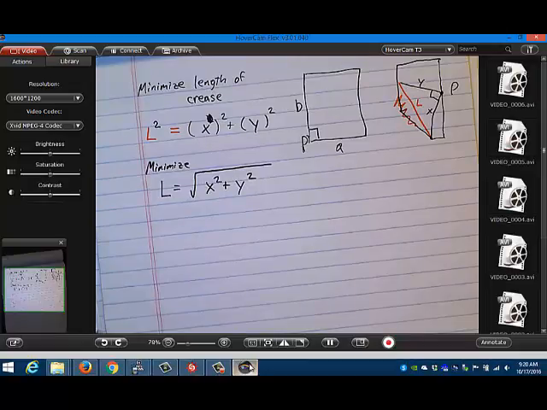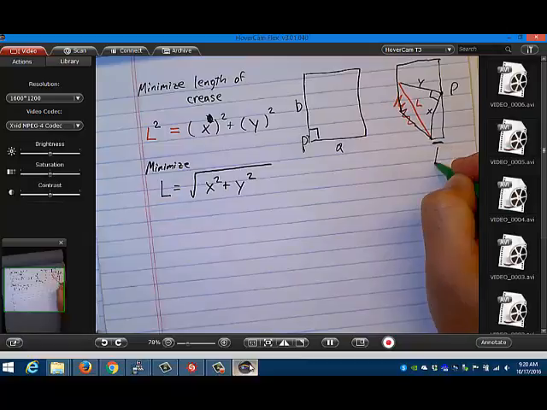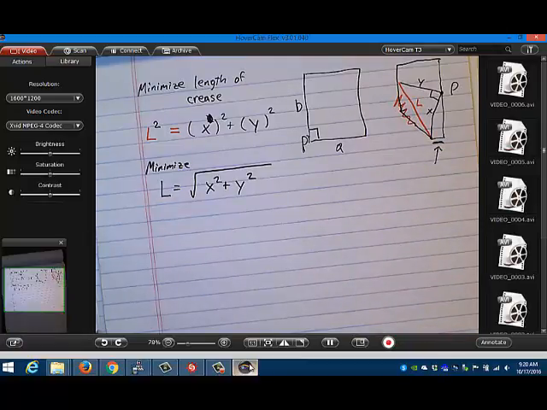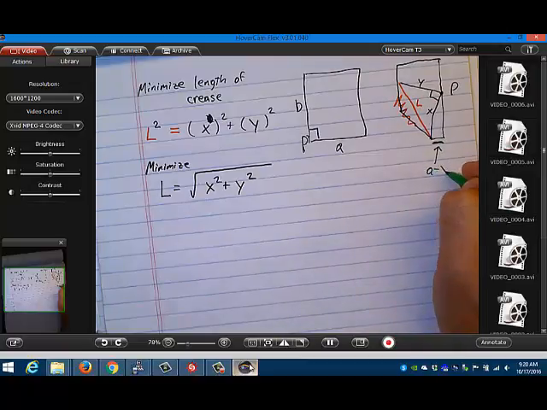Of course, I do see some things going on here. Like this length right here. Do you guys know how long that is? A minus x, I agree.